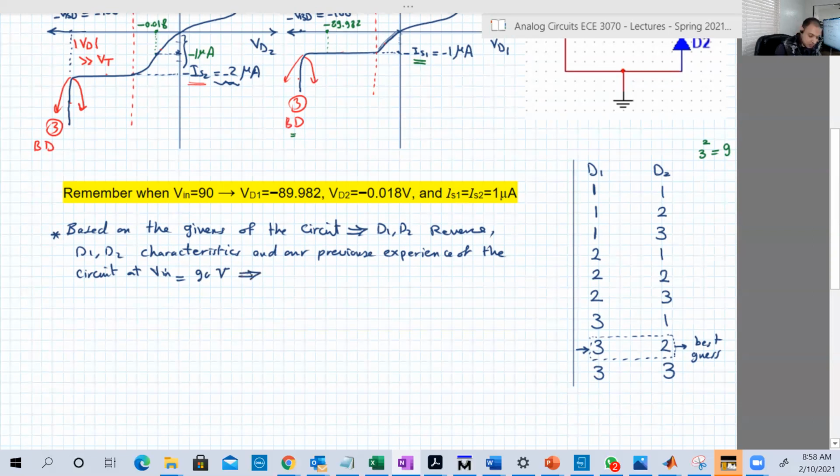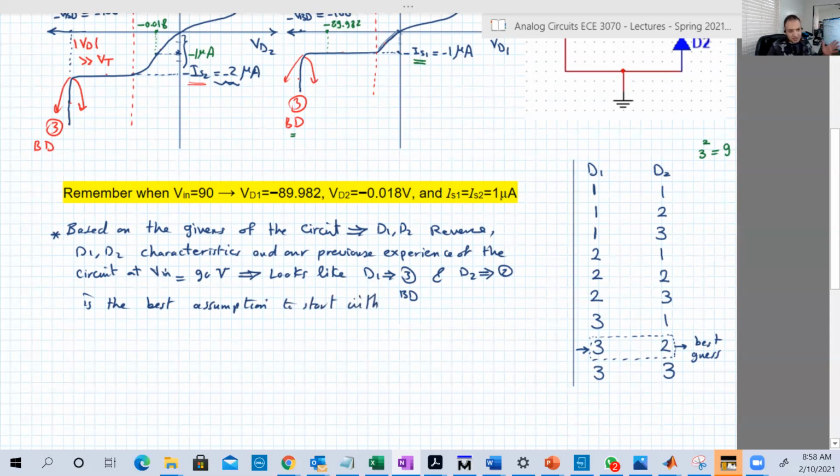Based on that, looks like D1 in breakdown, or region 3 breakdown, and D2 is in region 2 is the best assumption to start with, or the best guess.